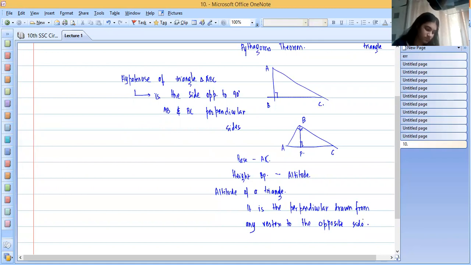So what is altitude of a triangle? Perpendicular drawn from any vertex to the opposite side.